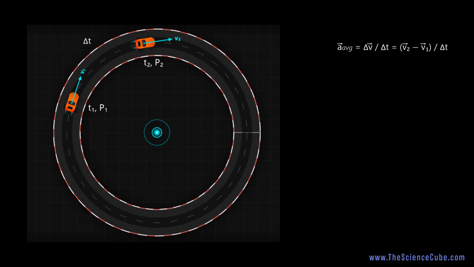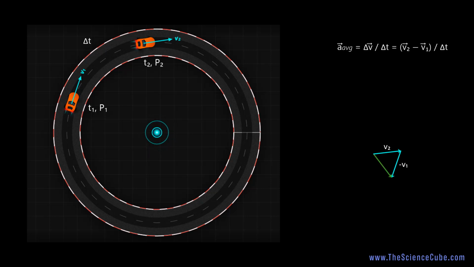Here is how we do that subtraction graphically. Draw v2, then draw the reverse of v1, which we call minus v1, same length as v1 but pointing in the opposite direction. Add v2 and minus v1 using the tip-to-tail method, or if you're comfortable with the parallelogram method, you could do that as well.